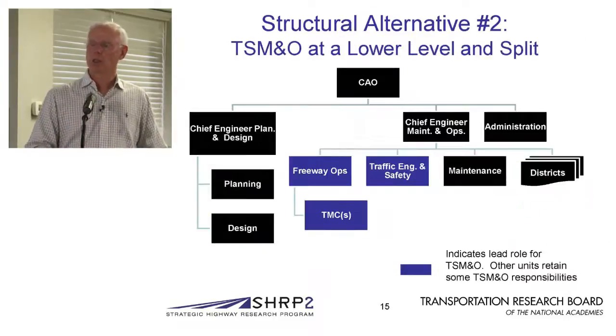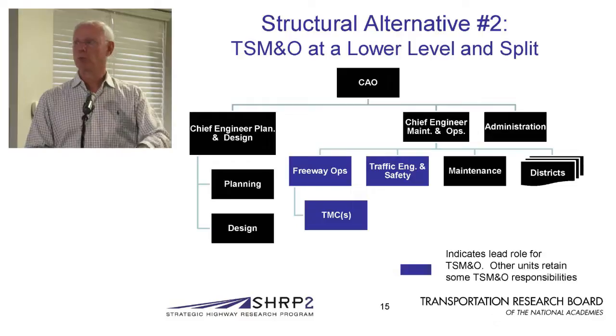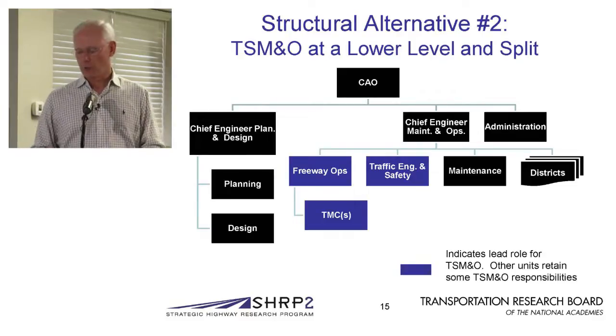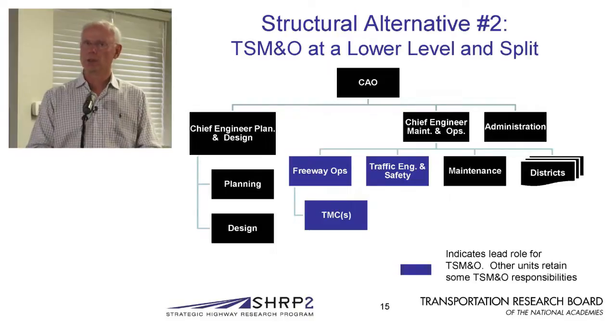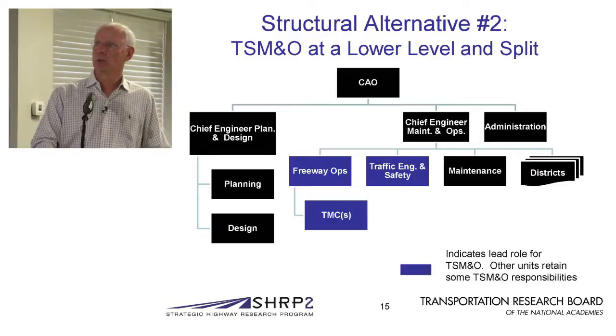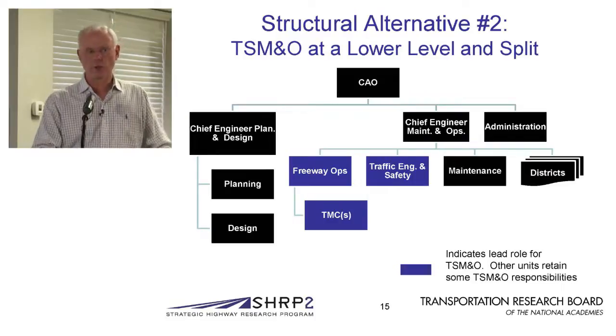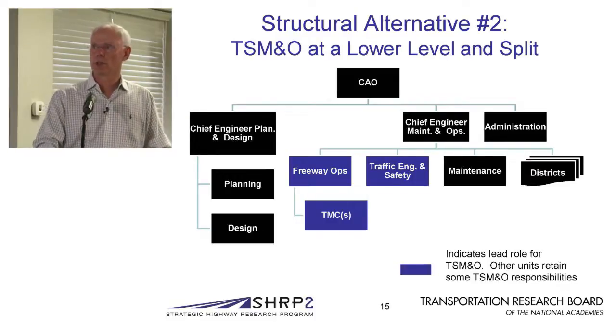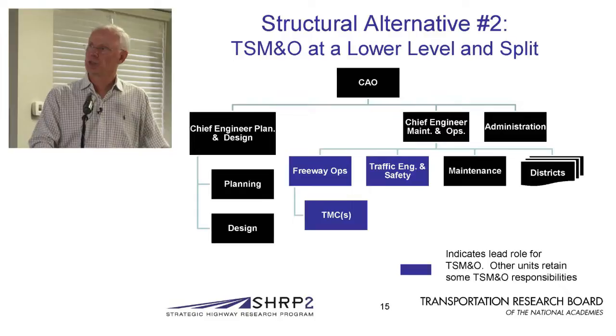The second alternative is more typical. In fact, this is a somewhat simplified version of an org chart from the Maryland State Highway Administration. On this one, you'll see that it's a third level activity within the organizational structure. You'll see a chief engineer over on the left of the diagram, and a chief engineer for maintenance and operations on the right side.